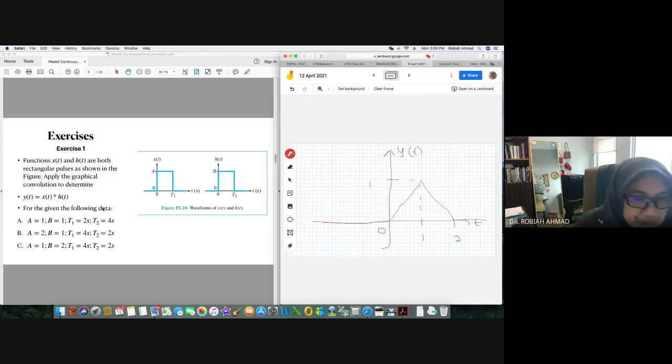But for the first signals, the T is 2 seconds, and the second signal, the T is 4 seconds. Okay, so function xt and ht are both rectangular pulses as shown in the figure. Apply the graphical convolution to determine yt equal to xt convolve ht. Okay, can we start now?